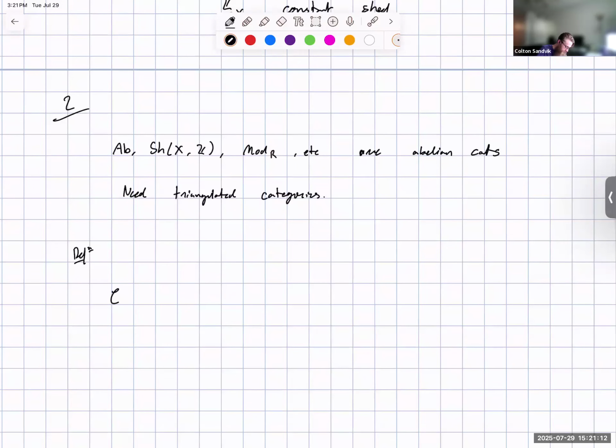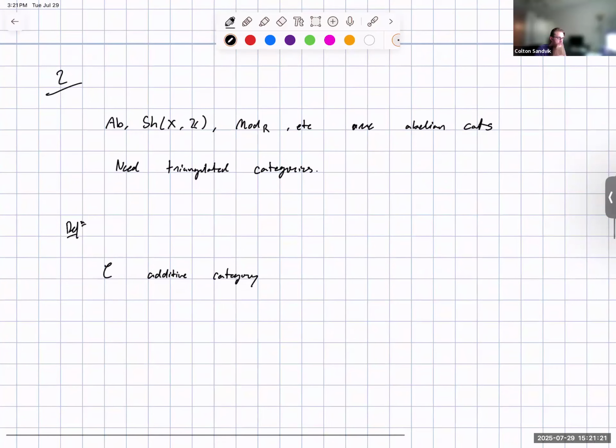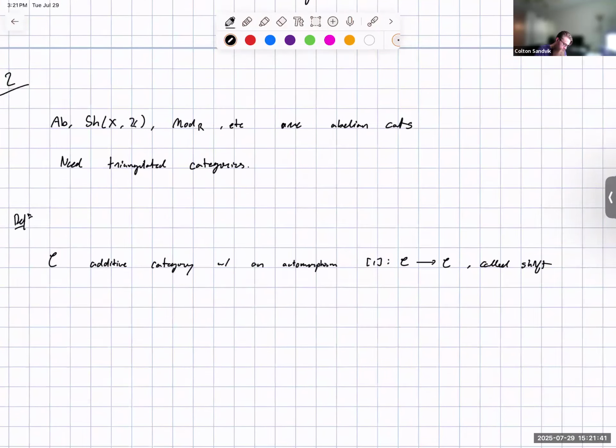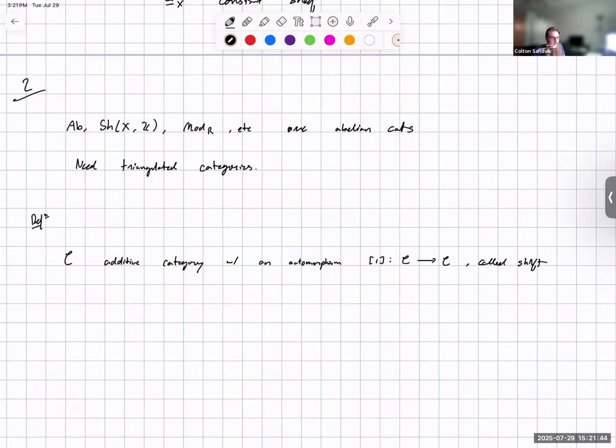Let C be an additive category, so its Hom spaces are enriched over some ring, and we're going to equip it with an automorphism called the shift. This is part of the data. And once we have a shift by 1, we can shift by -1 using its inverse, and shift by n by doing shift by 1 n times, and so on.